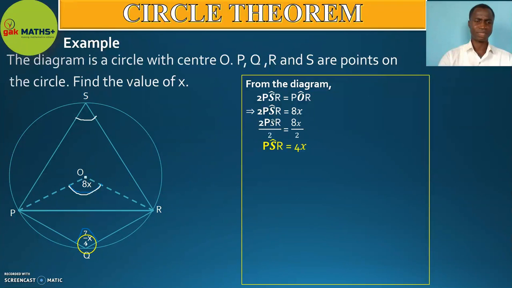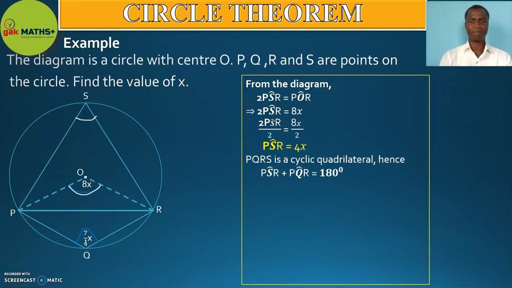And from the theorem, we know that the sum of the angles subtended at S and the one subtended at Q is equal to 180 degrees because the diagram is a cyclic quadrilateral. So we have angle PSR plus PQR is equal to 180 degrees. This gives us 4x plus 7x over 4 is equal to 180 degrees.